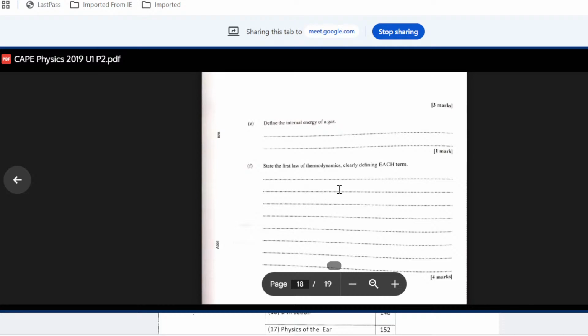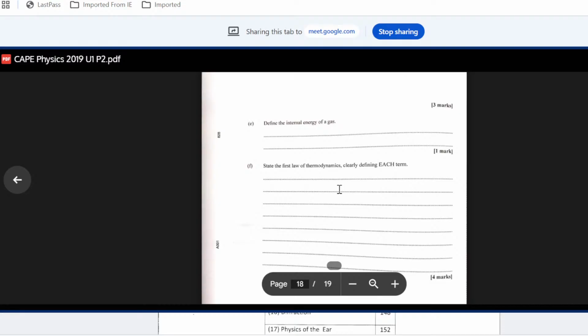So that's a law of thermodynamics. In terms of internal energy, remember internal energy is really just assessing the total energy possessed by the gas. So total potential plus kinetic energy. That's internal energy. Also, potential and kinetic.